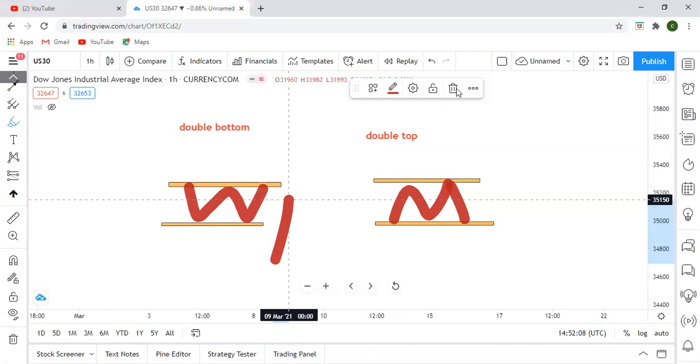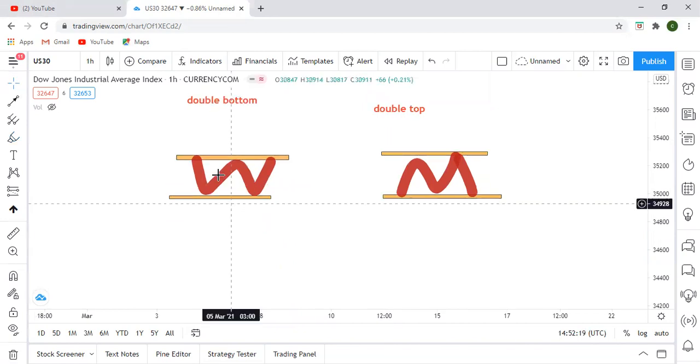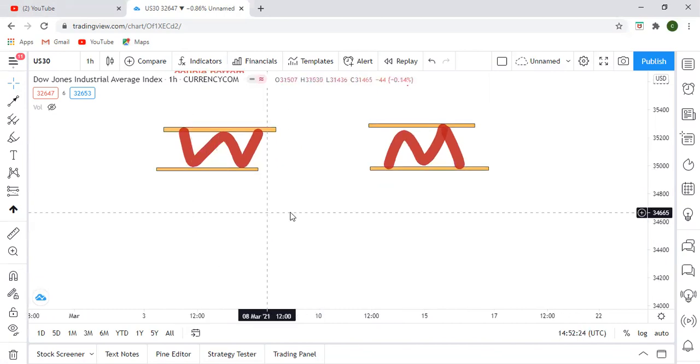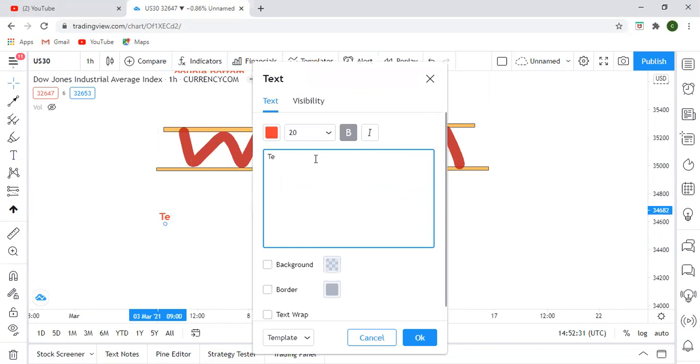Let's erase this. So we are having your head and shoulder pattern. Let's take our text box, and here we are having a head and shoulder.